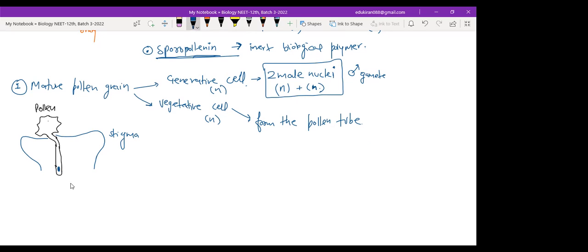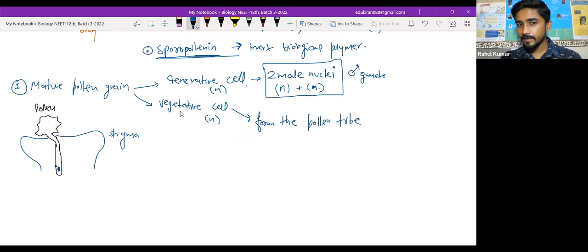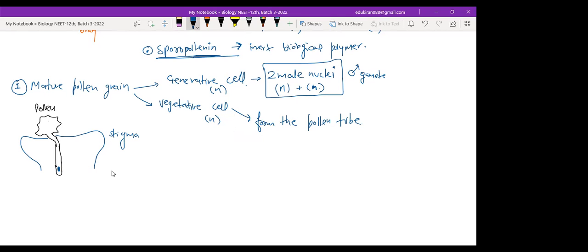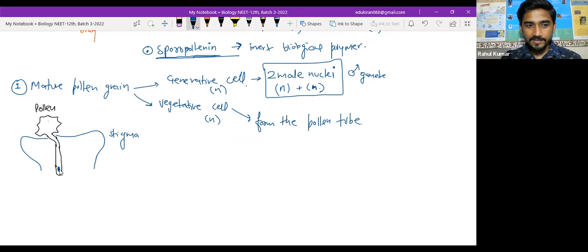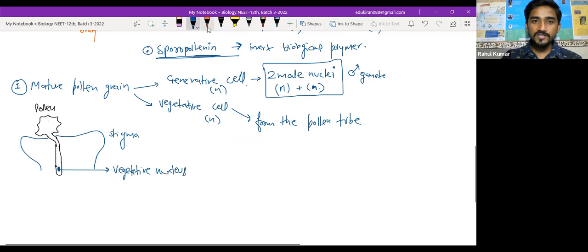So how three nuclei? Two male nuclei and one vegetative cell nucleus. The nucleus which leads in a pollen tube, again an entrance question, is the vegetative nucleus, singular. And just behind it, there are two male nuclei. Is it clear?